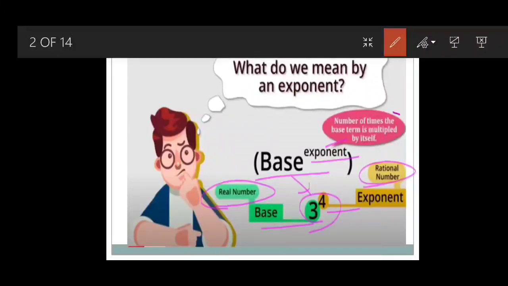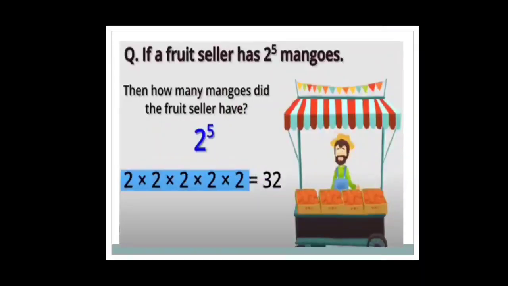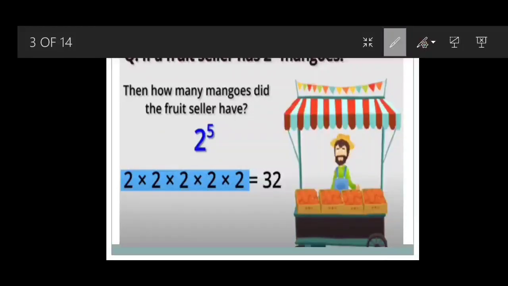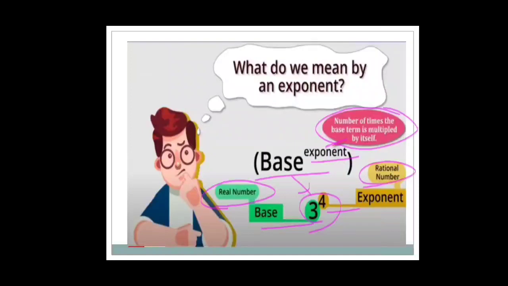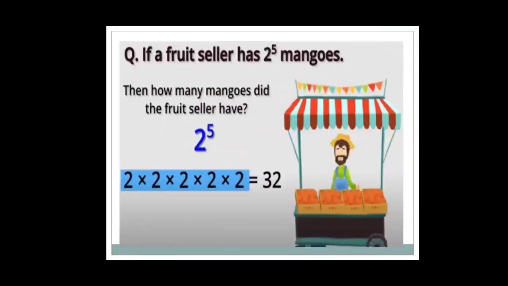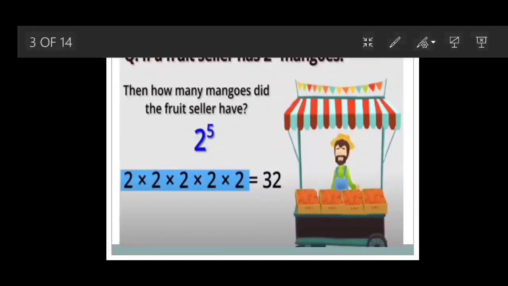Now, here we are going to understand the exponent: the number of times the base term is multiplied by itself. Let us understand by an example. Suppose a fruit seller has 2 to the power 5 mangoes. How many mangoes did the fruit seller have? A very easy way to understand is to get the multiplicative form of 2 to the power 5.